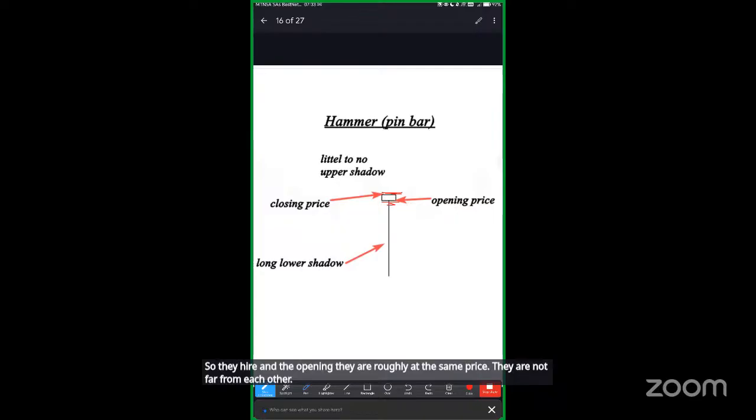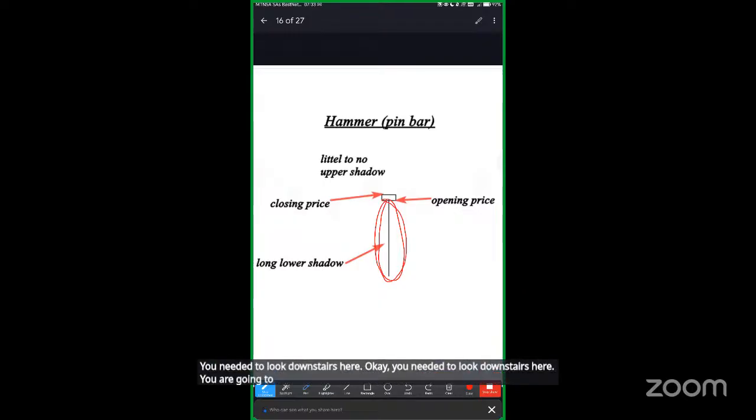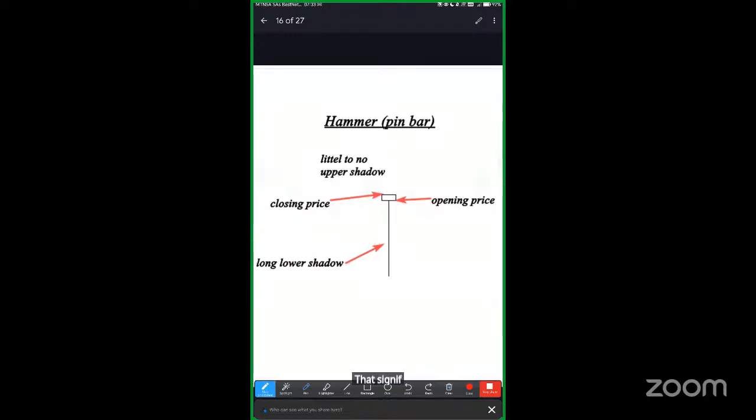The other aspect to validate that this is a pin bar or a hammer, you need to look downstairs here. You are going to see a long lower shadow. That signifies buying pressure. Remember when we were talking about shadows?